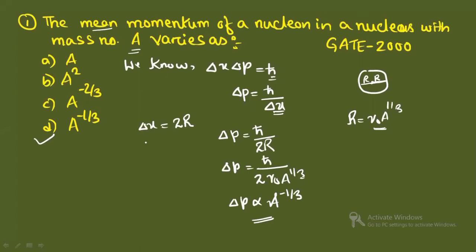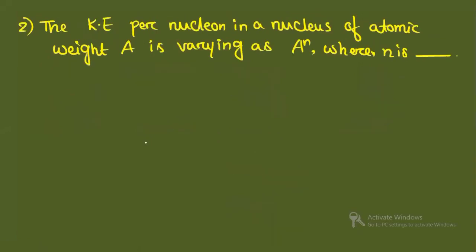All right, now let's see the next question. Here we have: the kinetic energy per nucleon in a nucleus of atomic weight A varies as what? This time you have to see how the kinetic energy varies with the mass number.